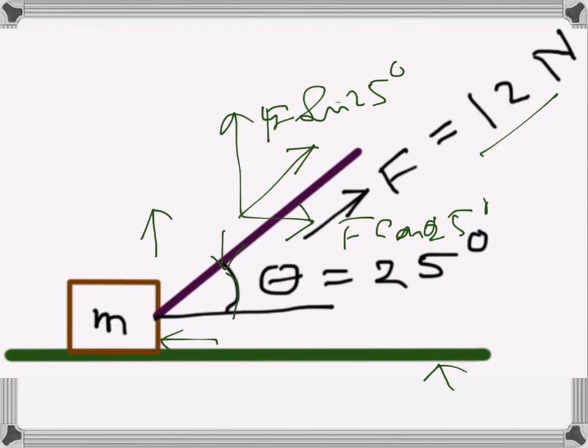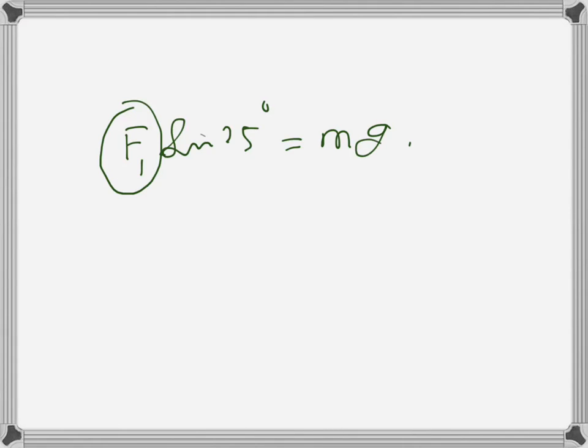When the object is lifted off the surface, the vertical component has to be just equal to the weight, or just a little bit more. So F sin 25 degrees, this is a new F, not our 12 because F is increasing. Let's call it F1. F1 sin 25 degrees equals mg, and this is the situation when the object is totally lifted off the surface.